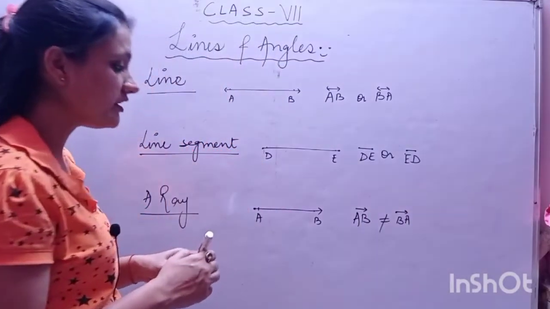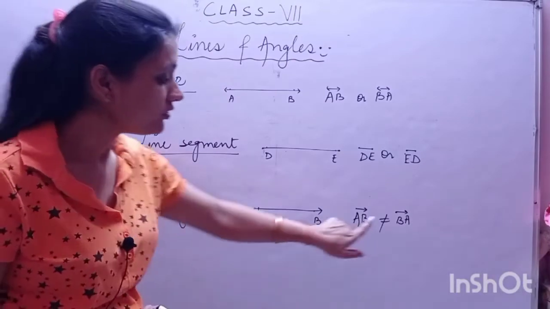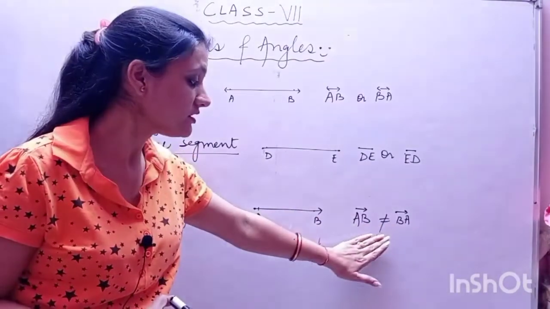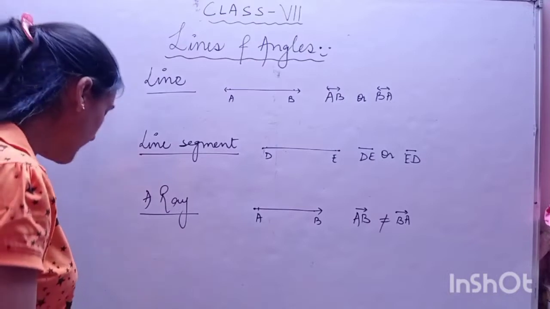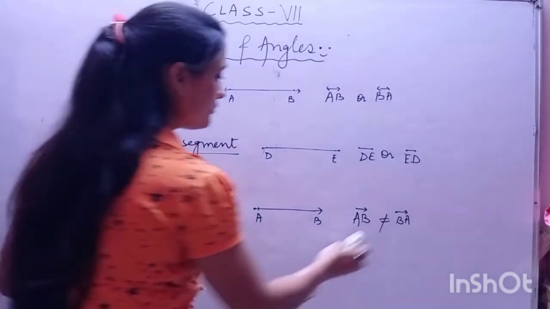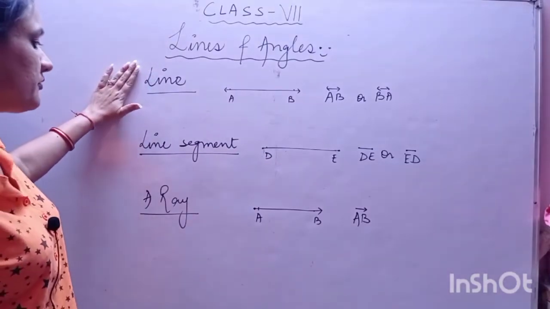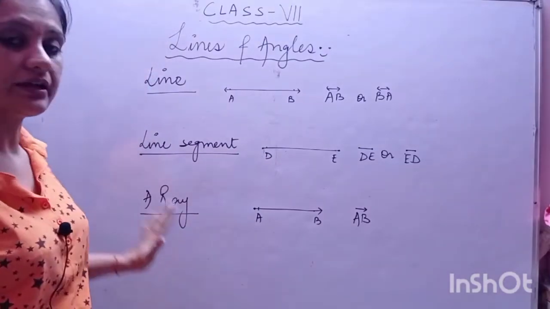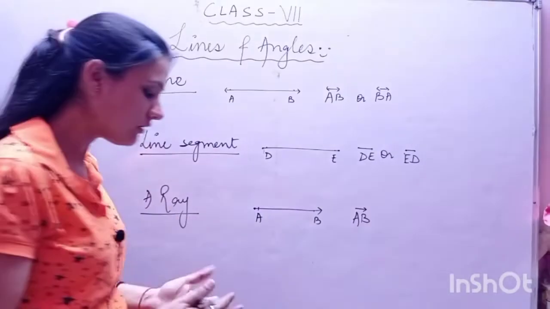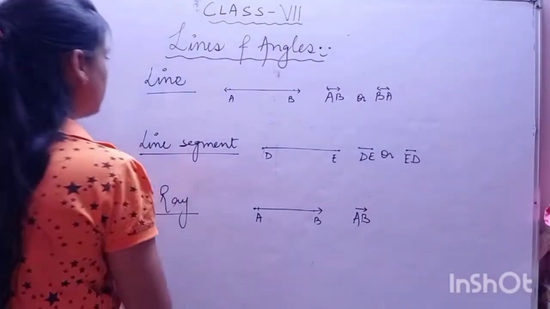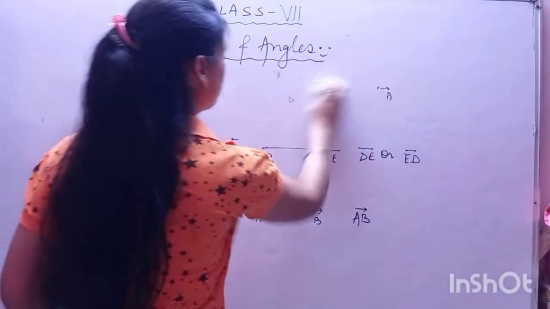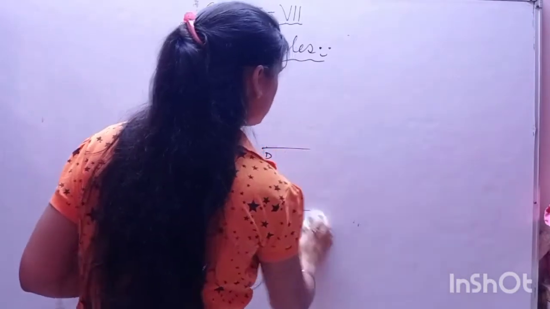Because we know the initial point is at A, not at B. So this is wrong. We cannot write it like this. I hope you understood both things. So you understood the concept of a line segment and a ray. This was the basic thing which I have explained to you.